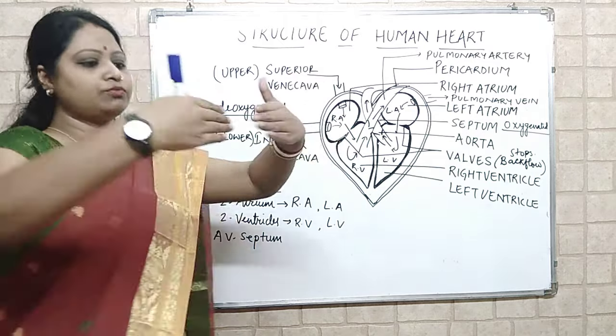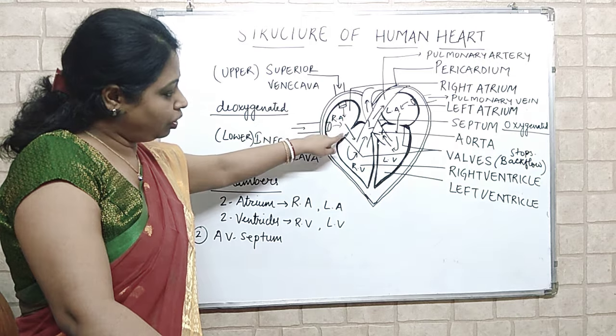They pour the deoxygenated blood into the right atrium. What is deoxygenated blood? Blood in which oxygen is less and carbon dioxide concentration is more. It does not mean that it doesn't have oxygen at all. So blood will be brought here, then it will move to the right ventricle.